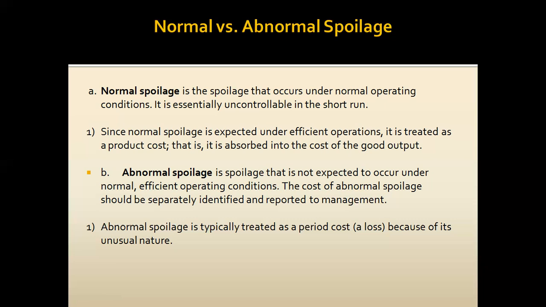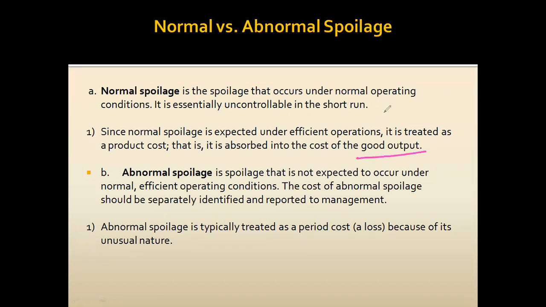And what is the treatment of this one? It is considered as product cost. Meaning to say, this is going to be part of your product cost, which is ultimately recorded as our cost of sales. So what happens actually? This sentence we need to read very carefully. It says that it is absorbed into the cost of good output.